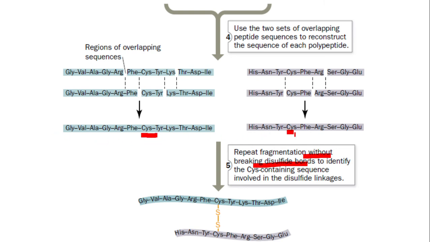There is no confusion. The disulfide bond is between this cysteine and this cysteine of the different chains. But in some cases, the chain may contain more than one cysteine. Then we need to break down the parent chains without breaking the disulfide bond to find out the position of the disulfide bonds.